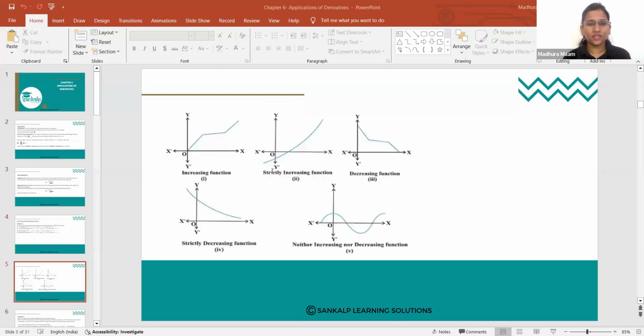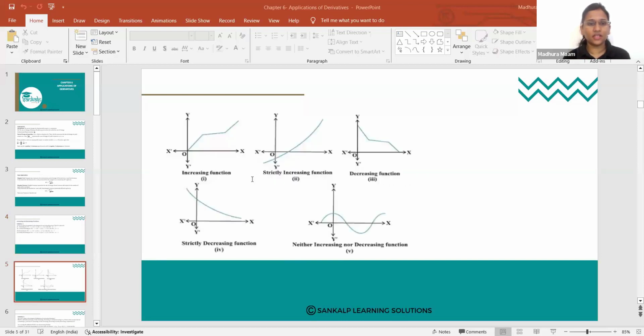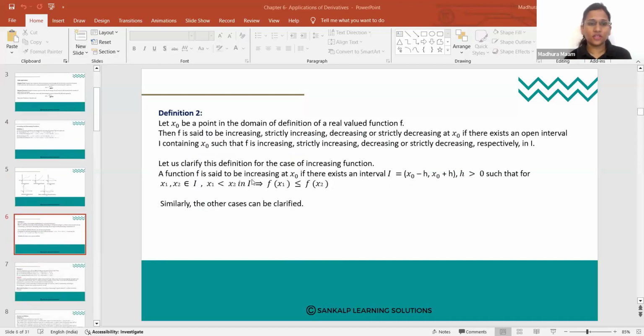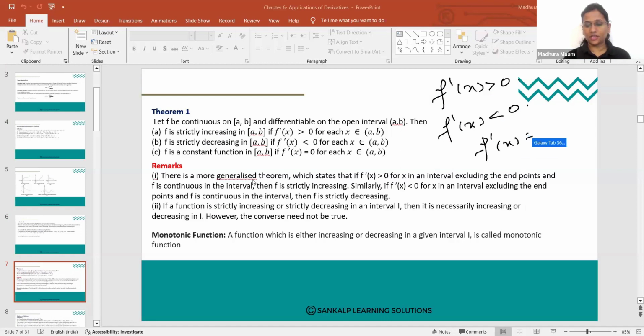Sometimes when it is not feasible to use these conditions, we have seen theorem 1. It says the function will be strictly increasing if f dash of x is greater than 0, strictly decreasing if f dash of x is less than 0, and if the derivative is 0, then the function will be a constant function.